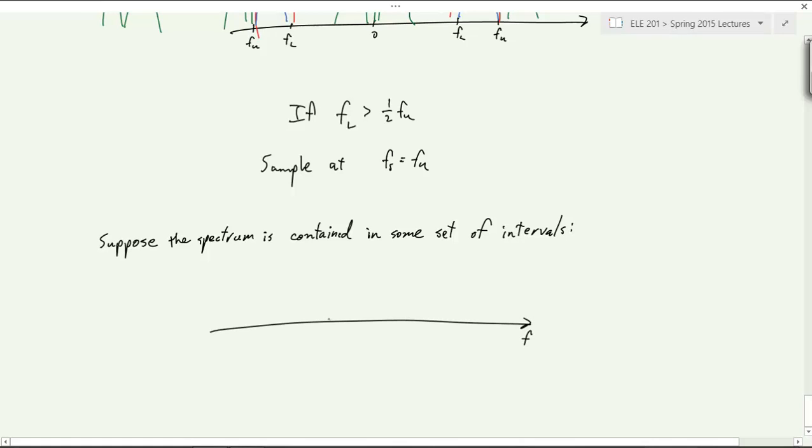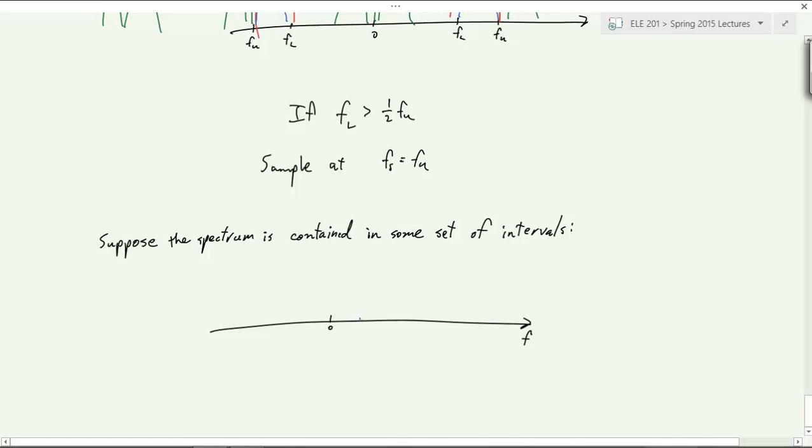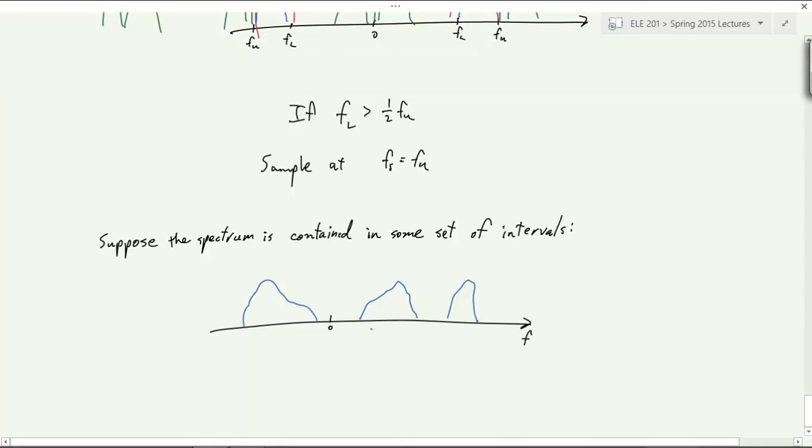It might be something like this. I'll put 0 here, and then I'll arbitrarily make a spectrum here that we know is contained in some sets of frequencies. If we know it's in those sets of frequencies, we can take advantage of that, like we did above, to potentially sample at some rate that doesn't have aliasing and that might be lower than twice the highest frequency.